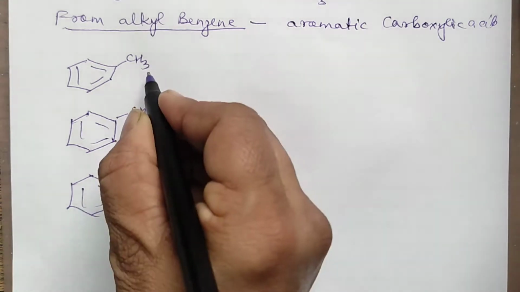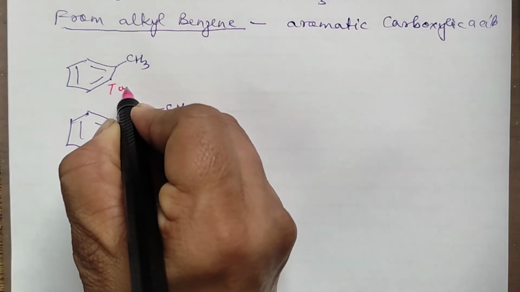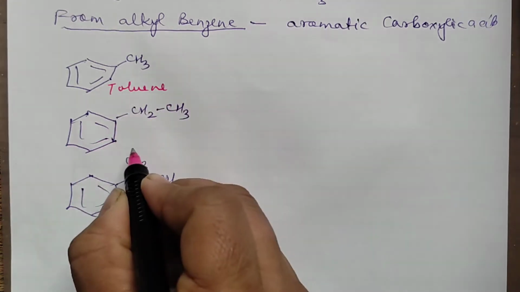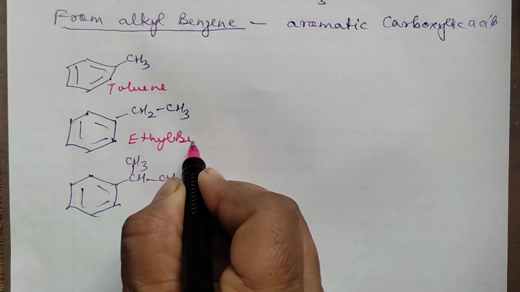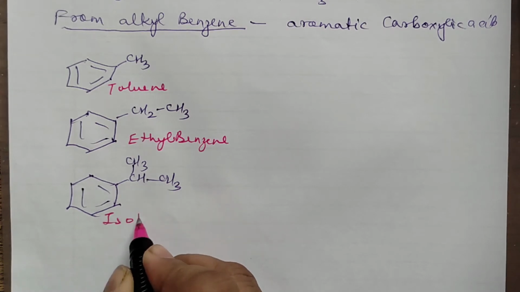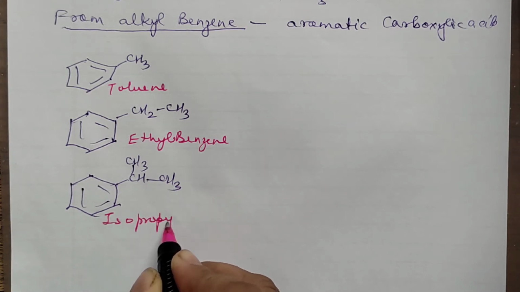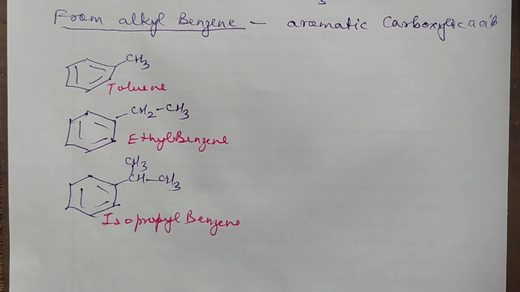This is methyl benzene, or you can say toluene. The second example which I have written is ethyl benzene, or if I am using isopropyl benzene. Any alkyl benzene, not tertiary.